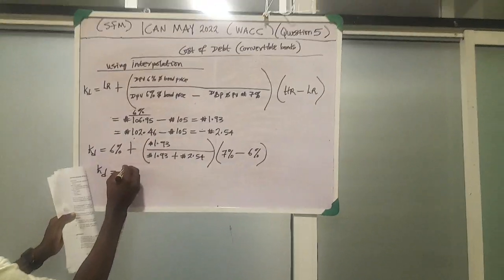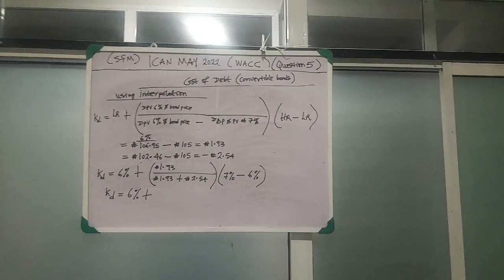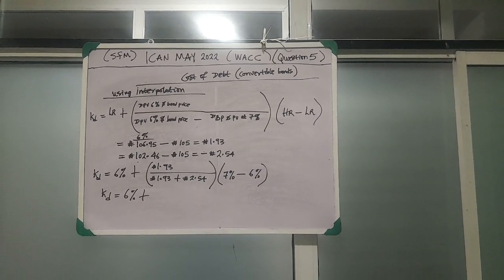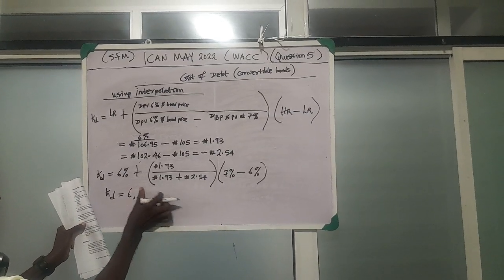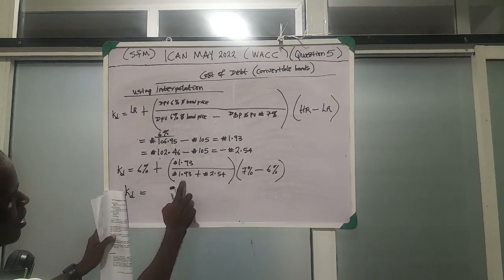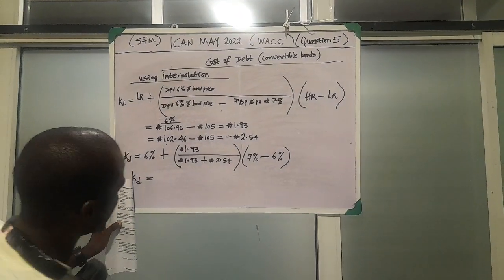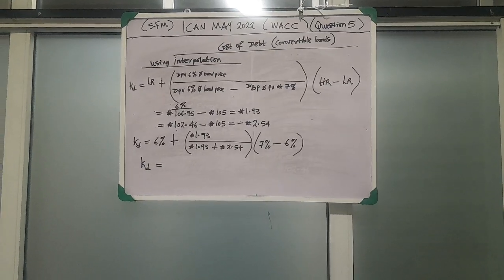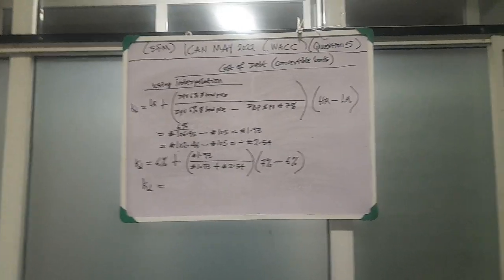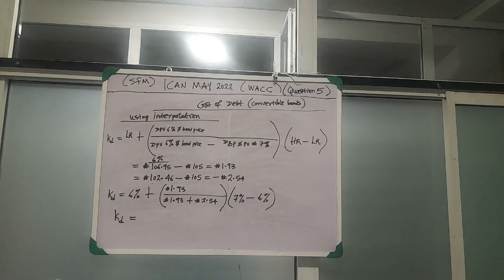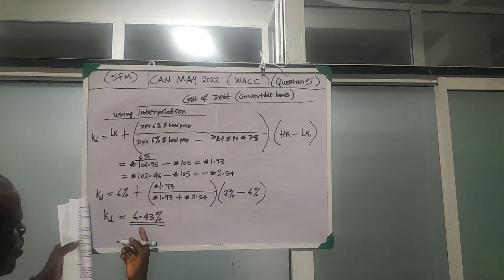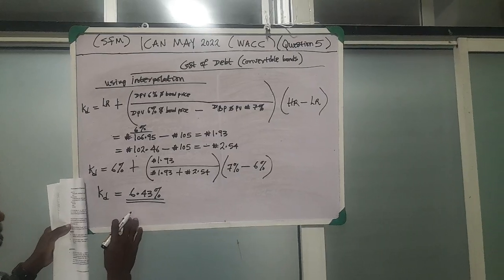So 1% times the value we have here plus 6% will give us, based on the computation, 6.43%. This becomes the cost of debt, or cost of convertible bonds.